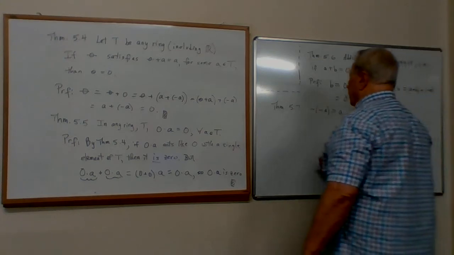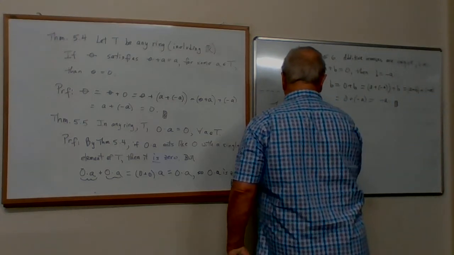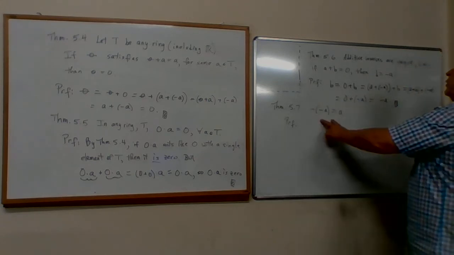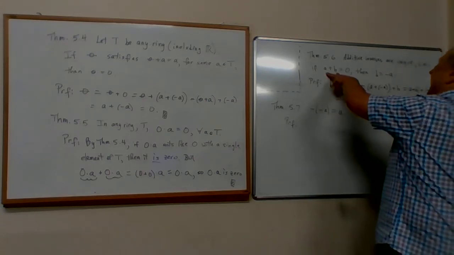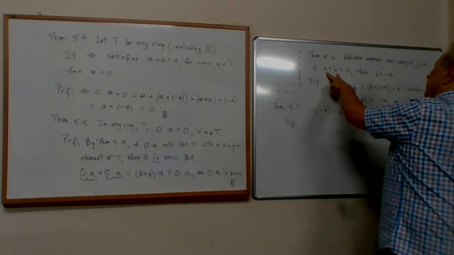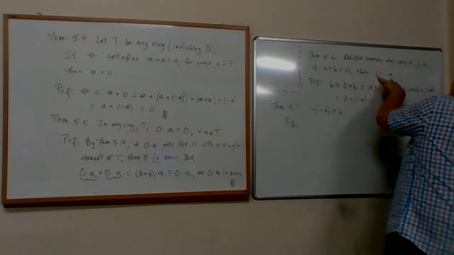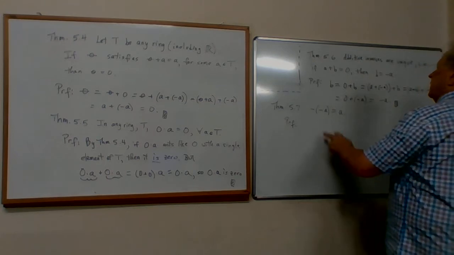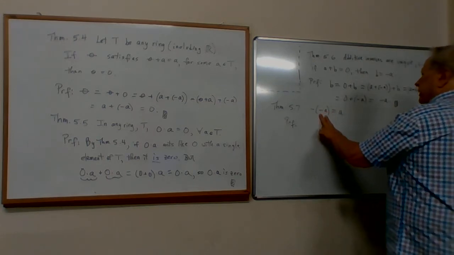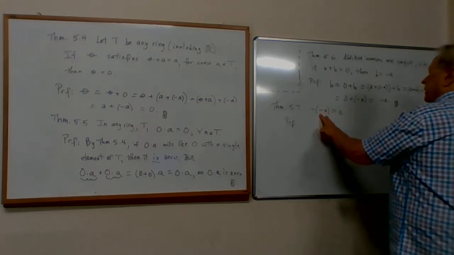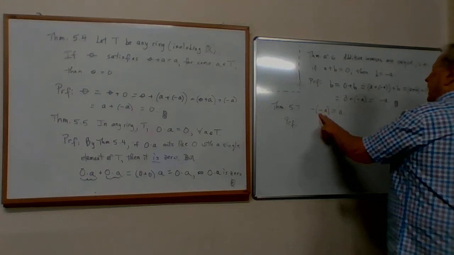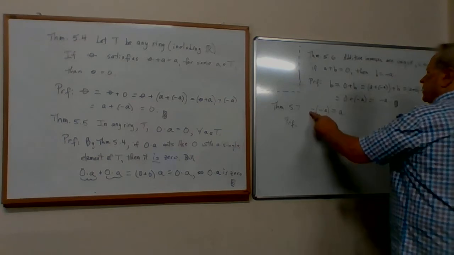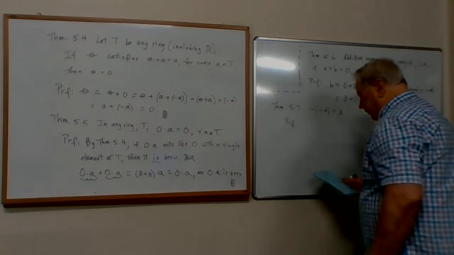Proof. Now, what did we just prove? We proved that if something acts as an additive inverse, then it is the additive inverse. And so let's see this element, negative A. We know that negative A acts as an additive inverse to A. Let's see what about negative A.